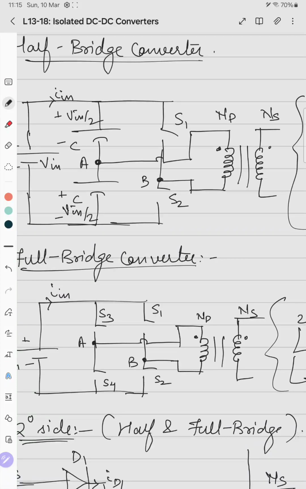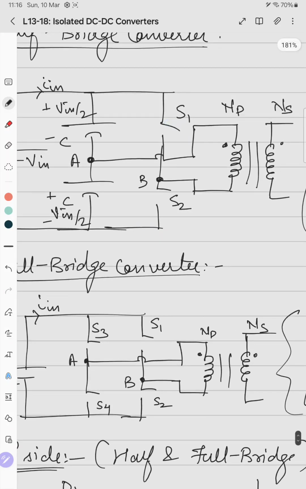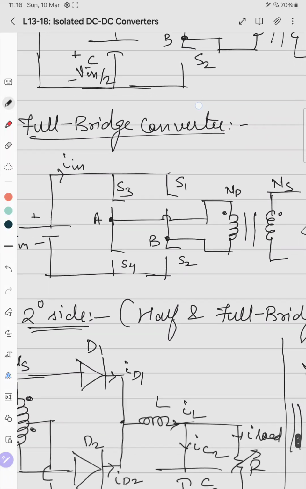When S1 is on, the primary voltage is V in by 2, and when S2 is on, the primary voltage is minus V in by 2. So the voltage across the winding alternates between plus V in by 2 and minus V in by 2.